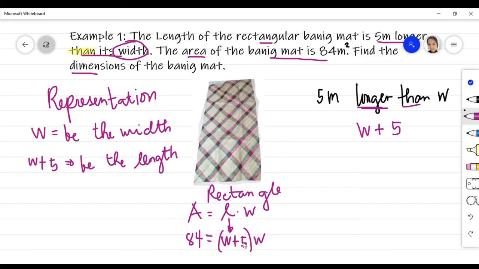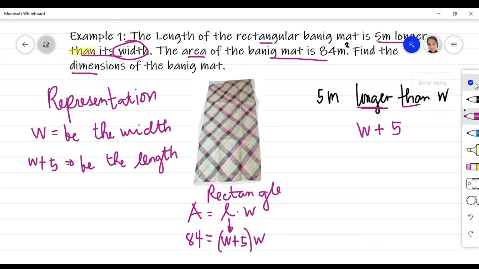So we have here an equation with one unknown variable, which is W, which is so important for us to solve this. We cannot solve this with many unknown variables. So this is our quadratic equation, right?